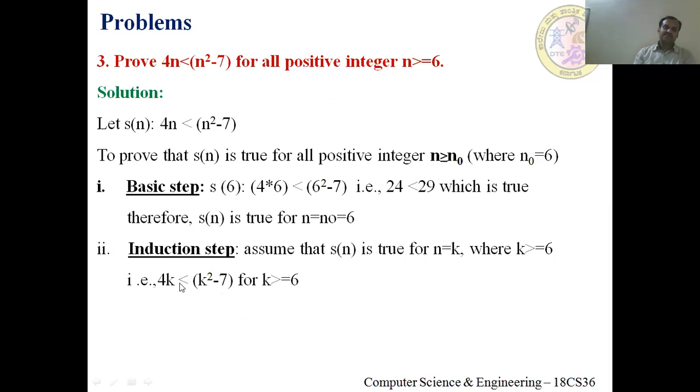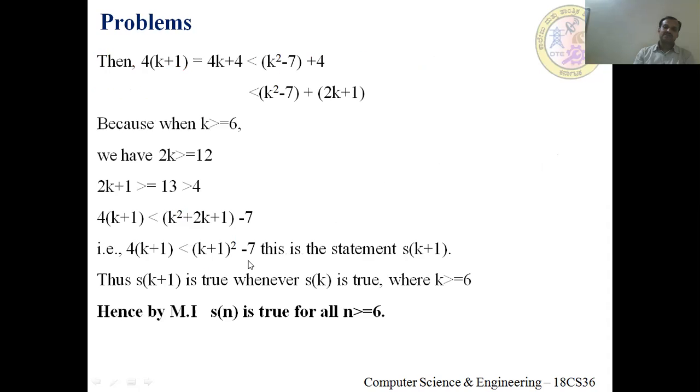S of k states that 4k is less than k square minus 7 for k greater than or equal to 6. Similarly, S of k plus 1 is 4 of k plus 1 less than k plus 1 whole square minus 7. This is the statement required for us. That means S of k plus 1 is true whenever S of k is true, where k in this problem is greater than or equal to 6.